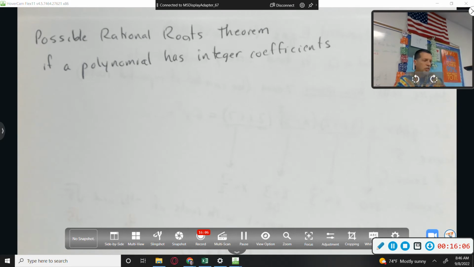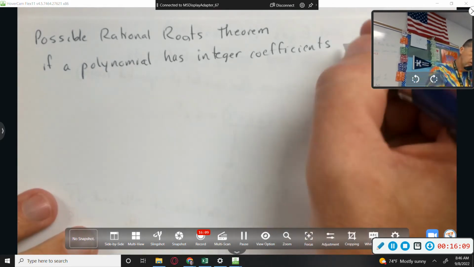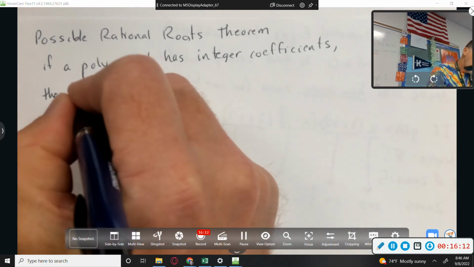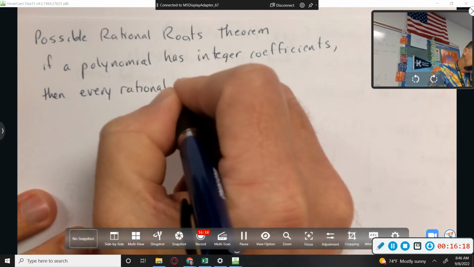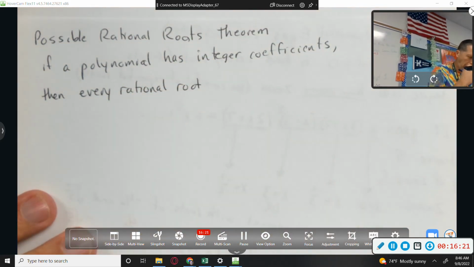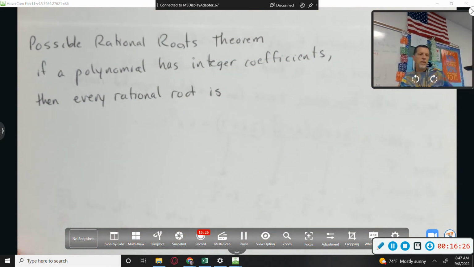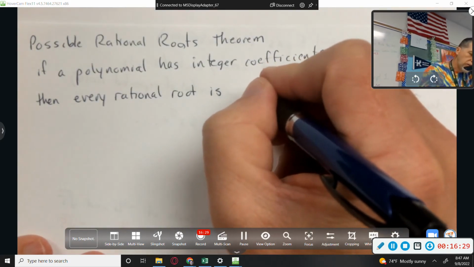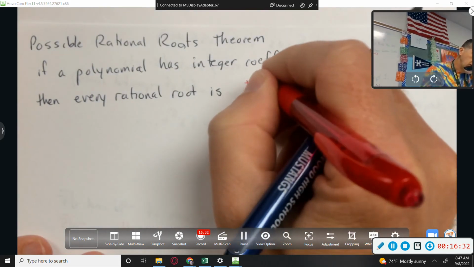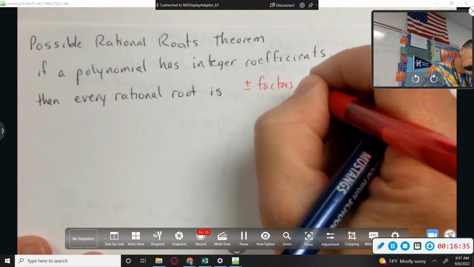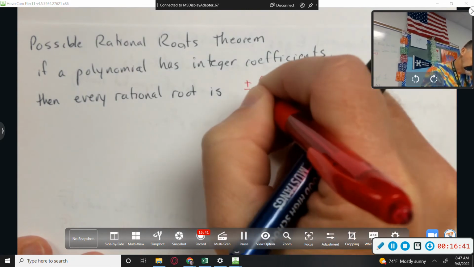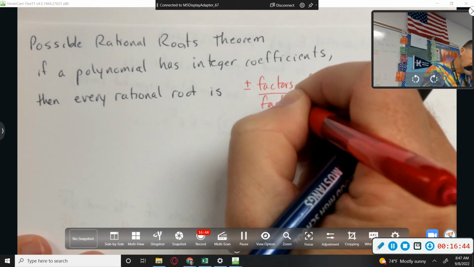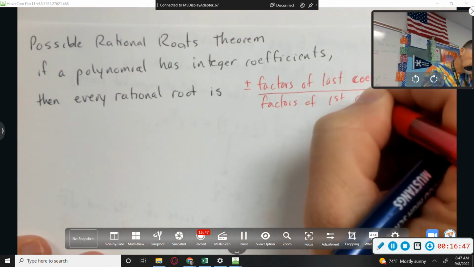If they're all integer coefficients, then every rational root is, and here's sort of the punchline of the theorem, plus or minus factors of the last coefficient over factors of the first coefficient.